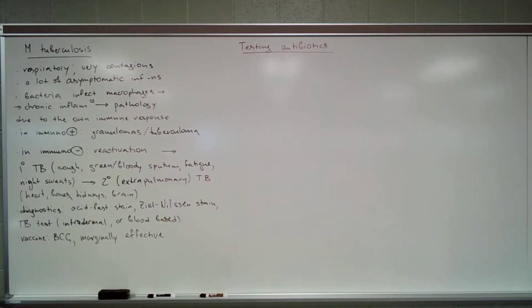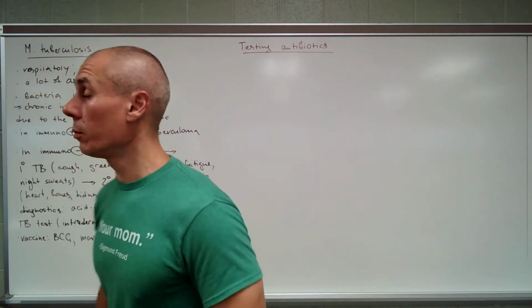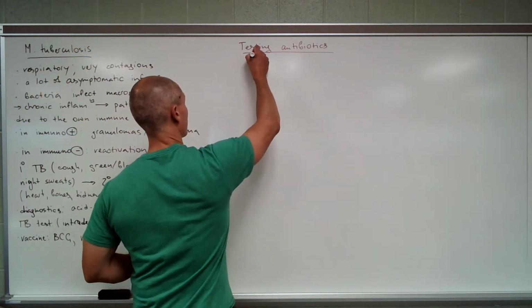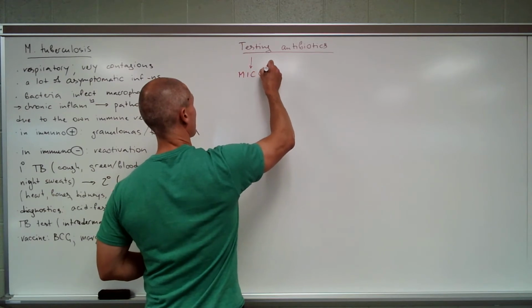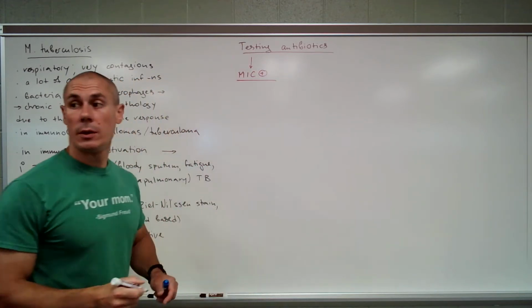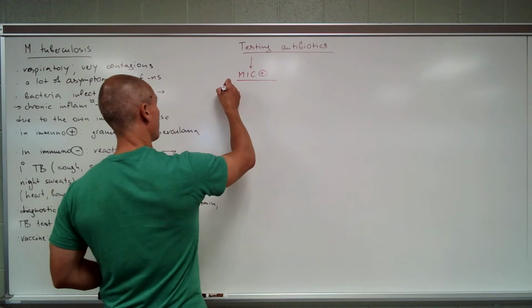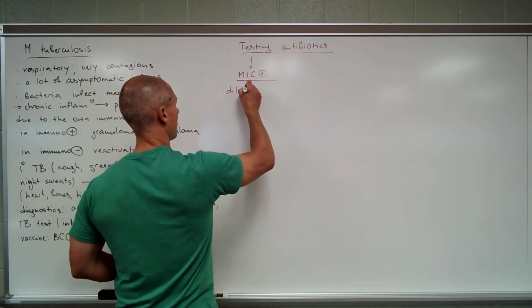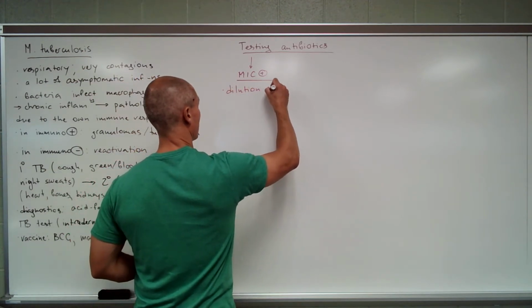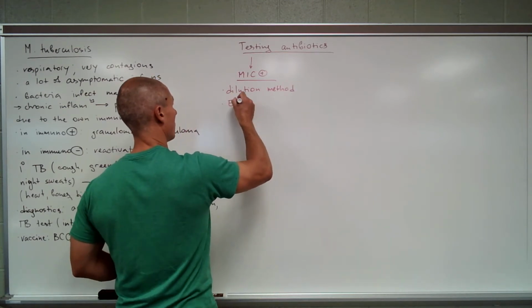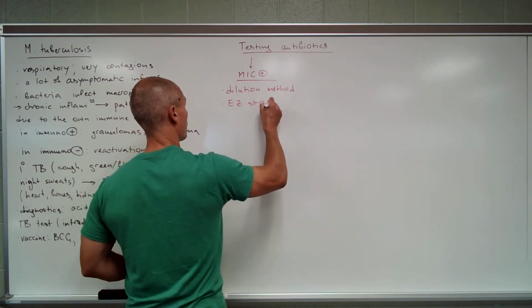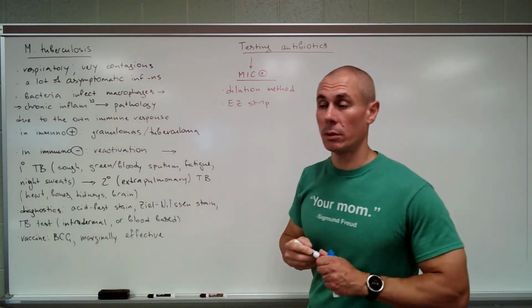One category allows you to determine what is called minimal inhibitory concentration. I'm going to call them MIC. So these two tests are dilution methods and Etest strip approach. So what do you do in dilution method?